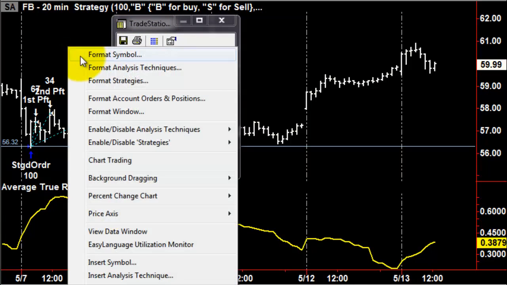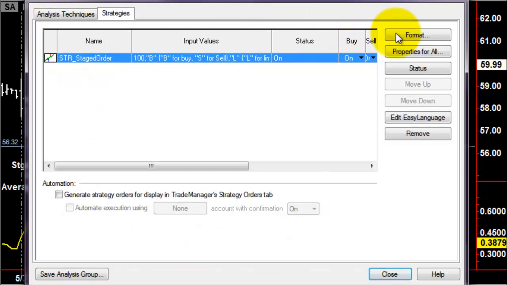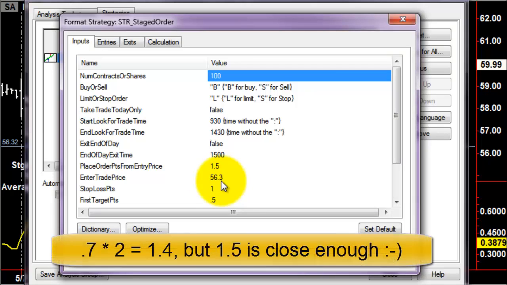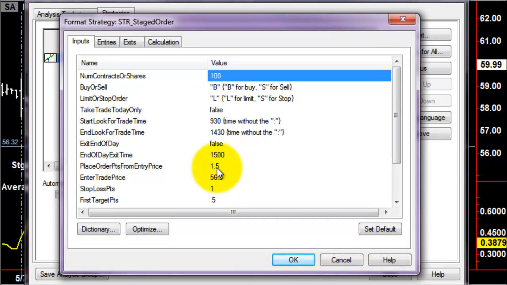So if we're going to format the strategy and we see that we're getting in at 56.3, and say we thought, oh, our average true range is 0.7 and twice that is 1.5, which worked for us, but to be safer you'd want to put in 2.1 and make sure that your strategy has a chance in case the bars suddenly get taller, in order to make sure that your entry actually gets into the market.